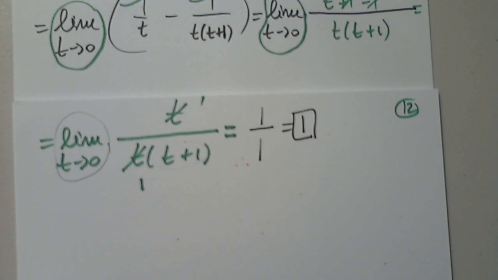Now, I would like everyone to work on one. We still have a lot. We have to look at the ones with radicals. But I would like us to work on one limit on your own. Let's say 14.